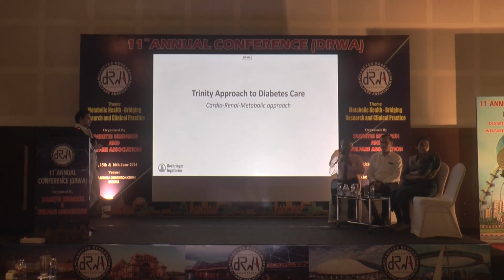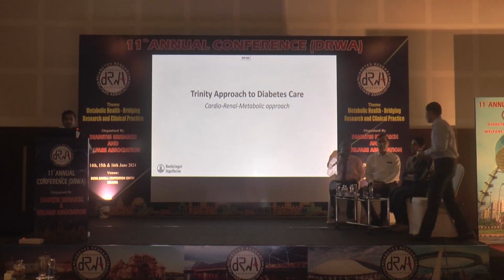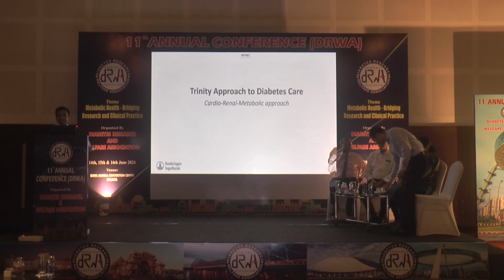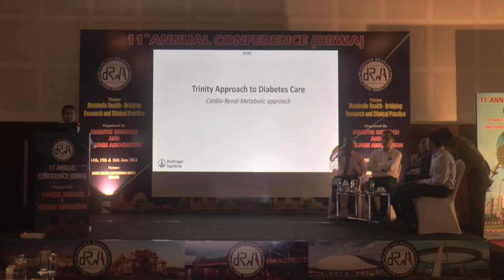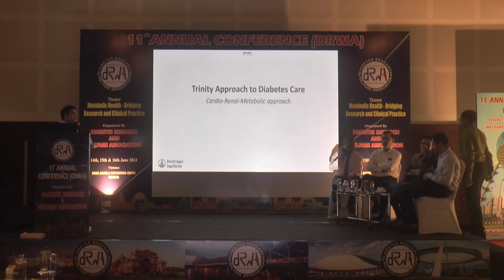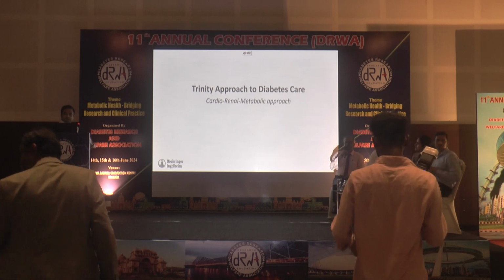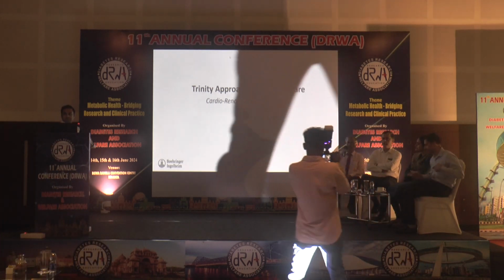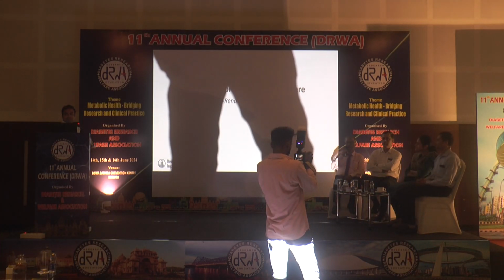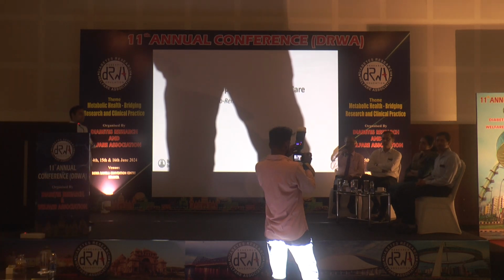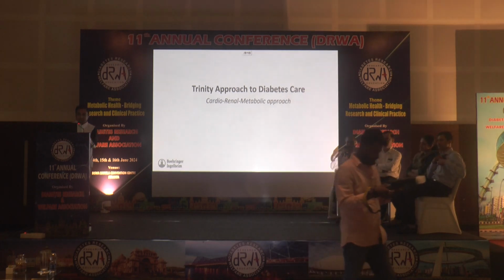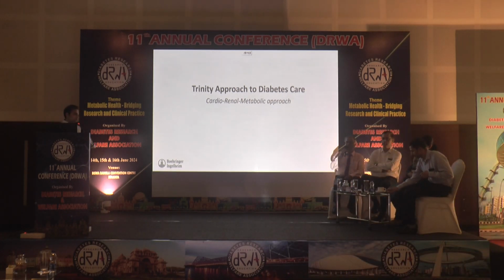We know that type 2 diabetes mellitus is not only a metabolic disease, it is a cardio-renal metabolic syndrome. This terminology has been suggested a few years back by some international guidelines and experts. Type 2 diabetes mellitus is interlinked with cardiac and renal complications through the same pathophysiology, and one complication can impact the other.